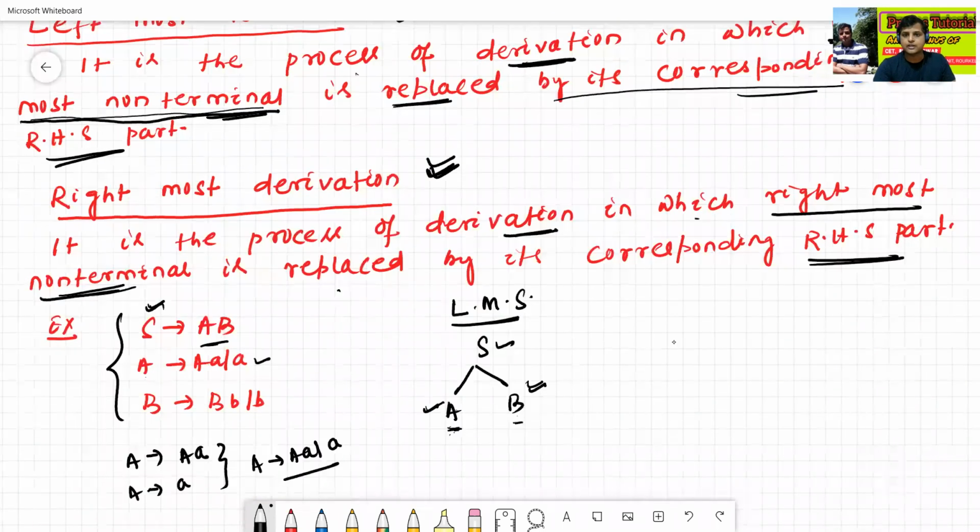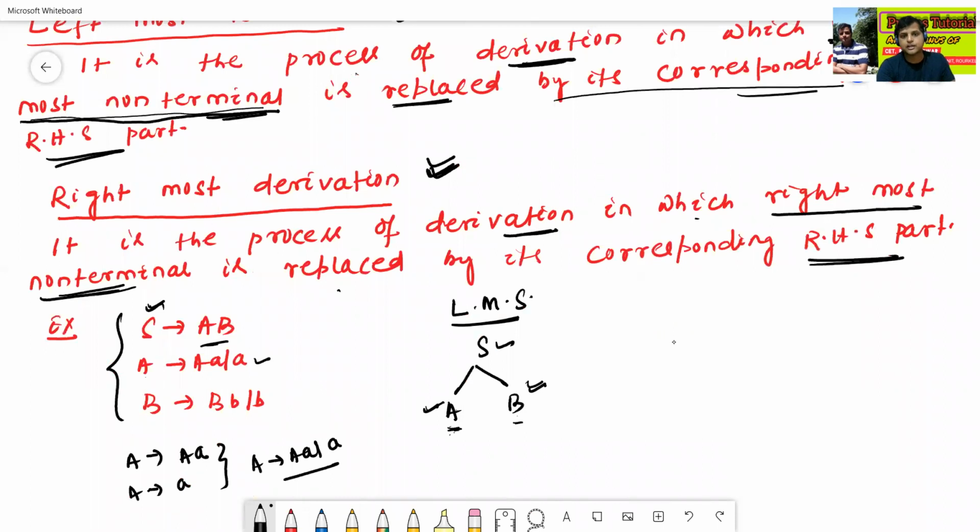Here the leftmost non-terminal is A. Since A is the leftmost non-terminal, A will derive first. Either we use the production A to aA, or A to a. So now I will use A to aA.